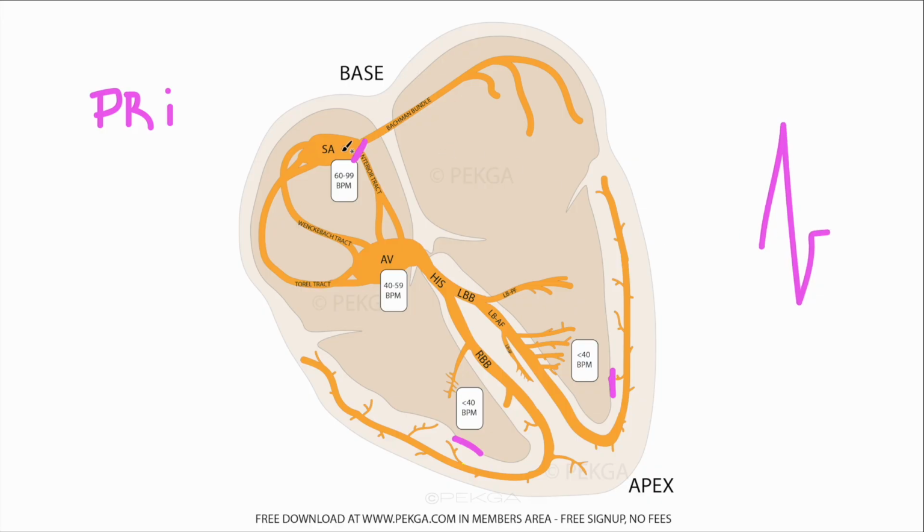Your atrium begins depolarization as soon as the signal leaves the SA node. So what you're measuring is your P wave, the initiation of that atrial depolarization, and your QRS is the initiation of your ventricular depolarization.